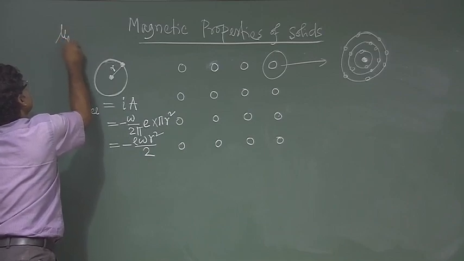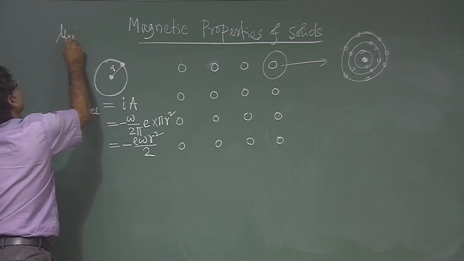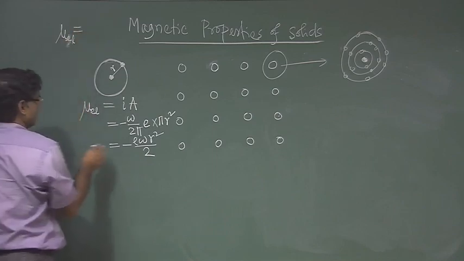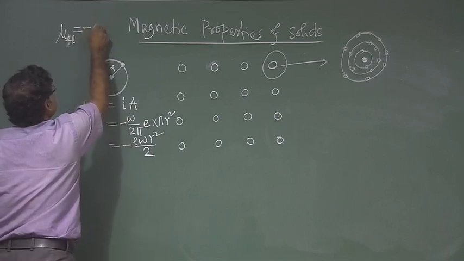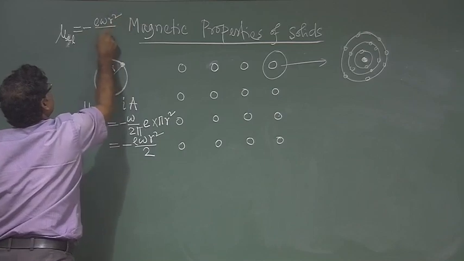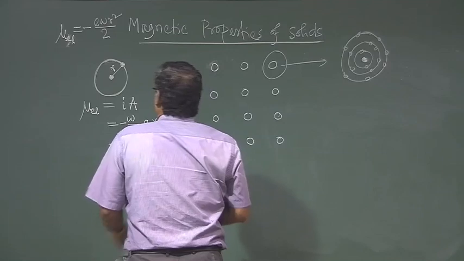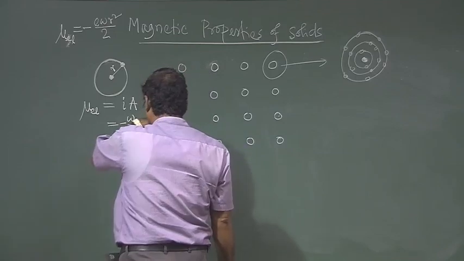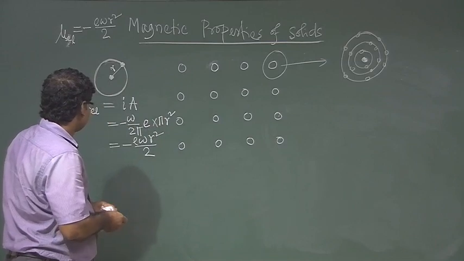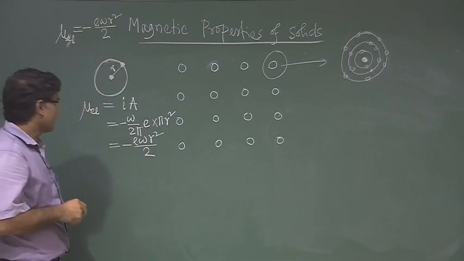mu E L equals minus E omega r square by 2. Now, as you know, the electron is moving, so it has angular momentum.